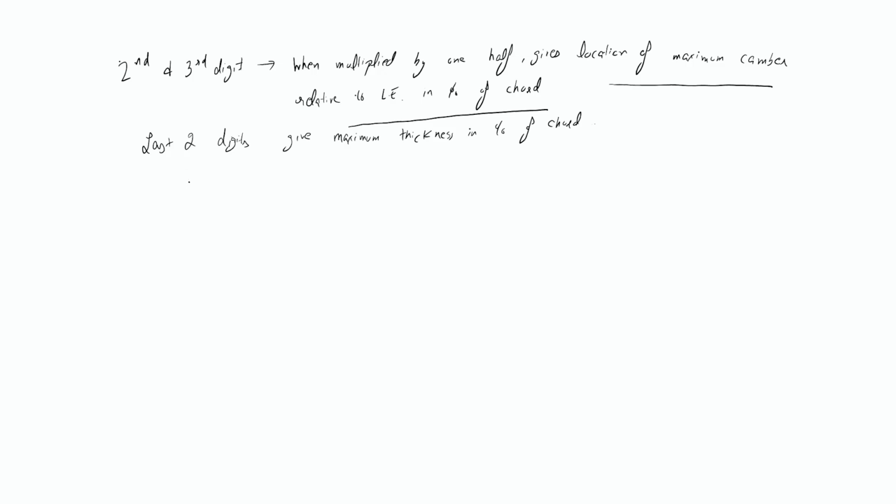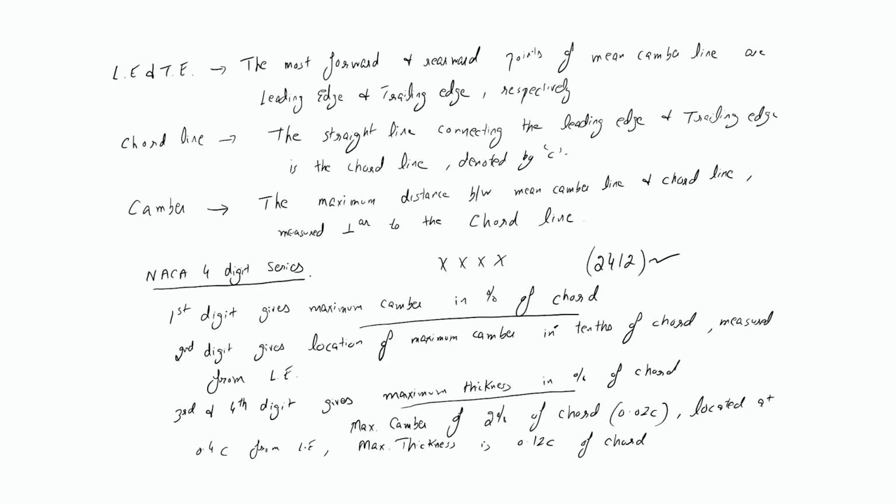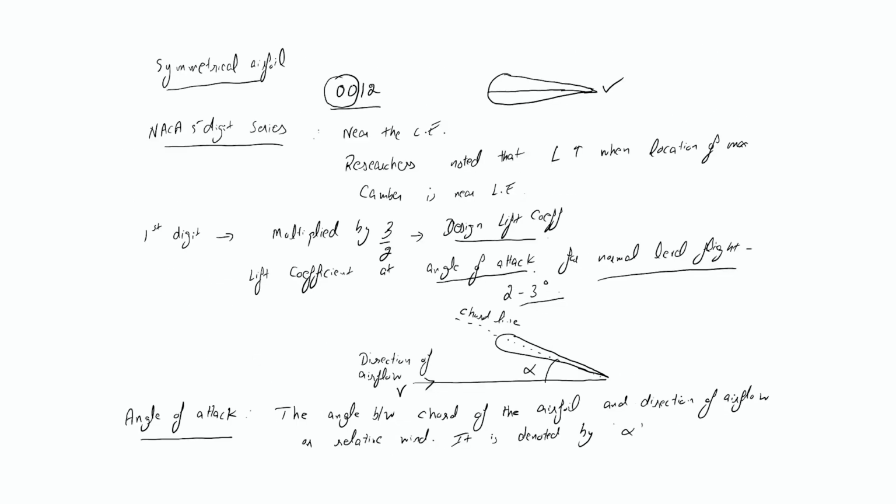Now consider the NACA 23012 airfoil. Now as per the designation, the first digit when multiplied by 3/2 gives the lift coefficient at angle of attack for normal level flight, at around 2 or 3 degrees.